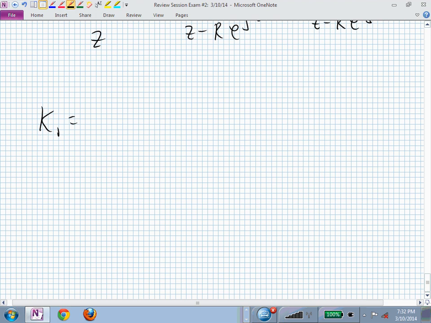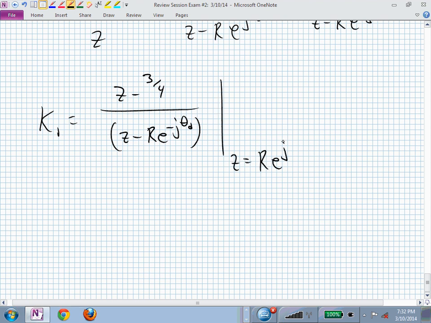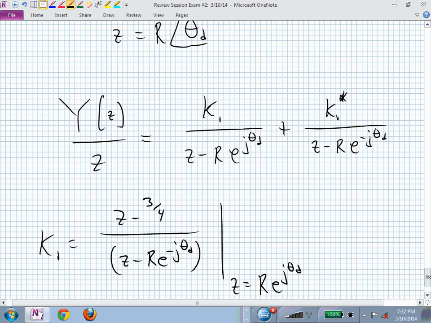So k1 is now (z - 3/4) over (z - r e^(-jθ_d)). I've now multiplied both sides through by the other factor, which was associated with k1, and I'm evaluating at the value of z that causes the k1 denominator to vanish.